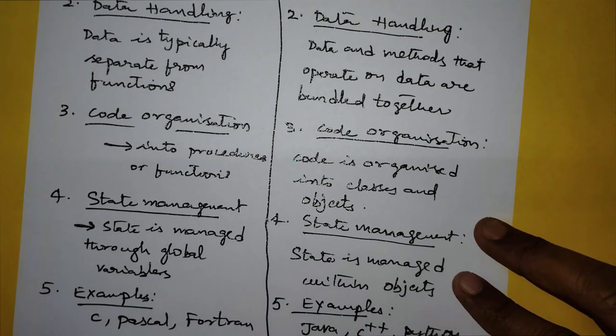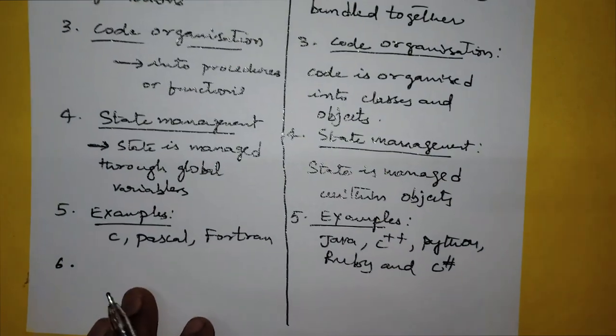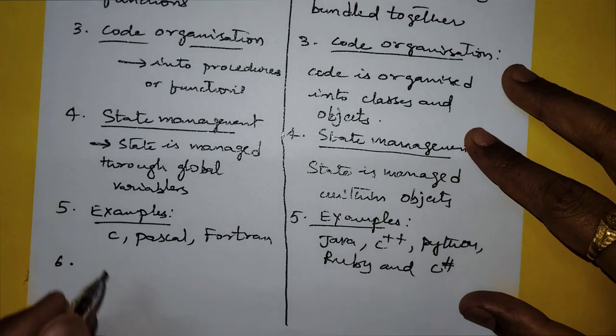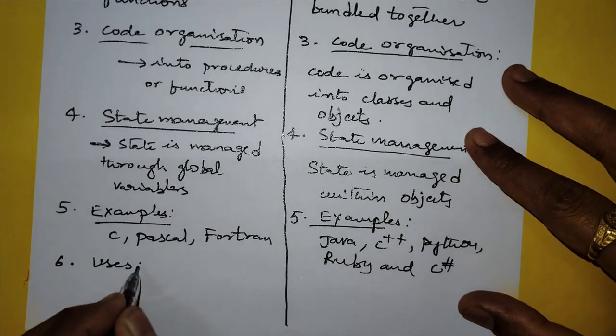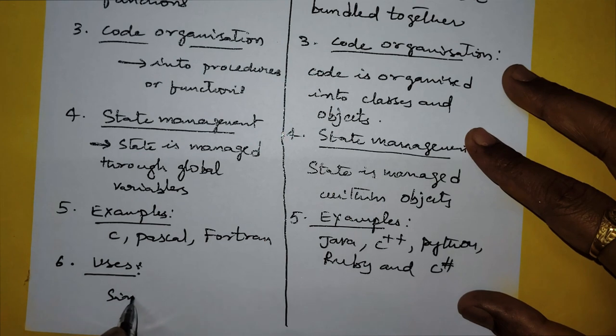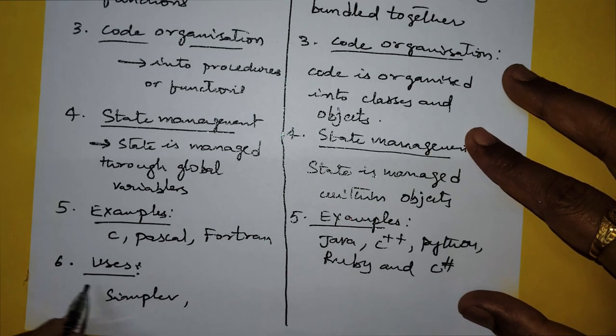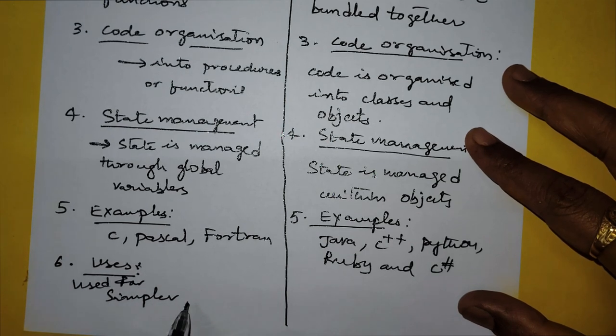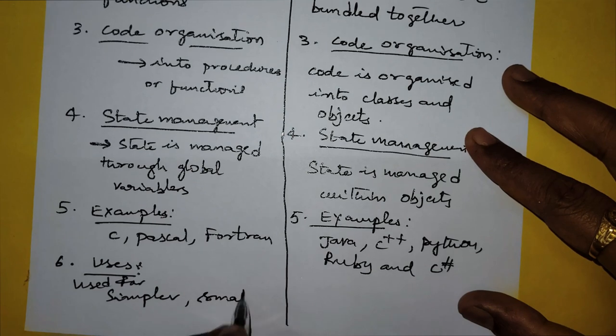And finally, the sixth one. What is the sixth one? The sixth one is applications or use cases. Procedural programming is simpler and is used for simpler or smaller programs.